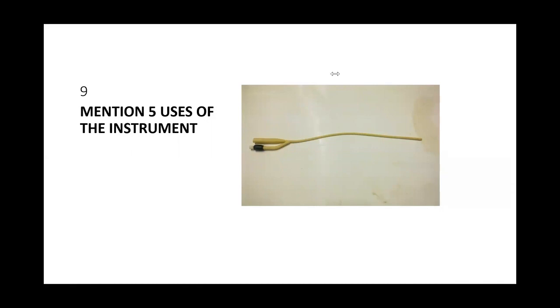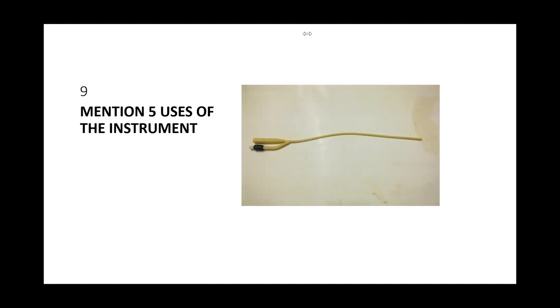For continuous bladder irrigation. When? During surgery. You see, for a 3-way catheter, this is a 2-way catheter. For a 3-way catheter, after prostatectomy or in a patient with pyuria, you want to do a continuous bladder irrigation with a 3-way catheter.